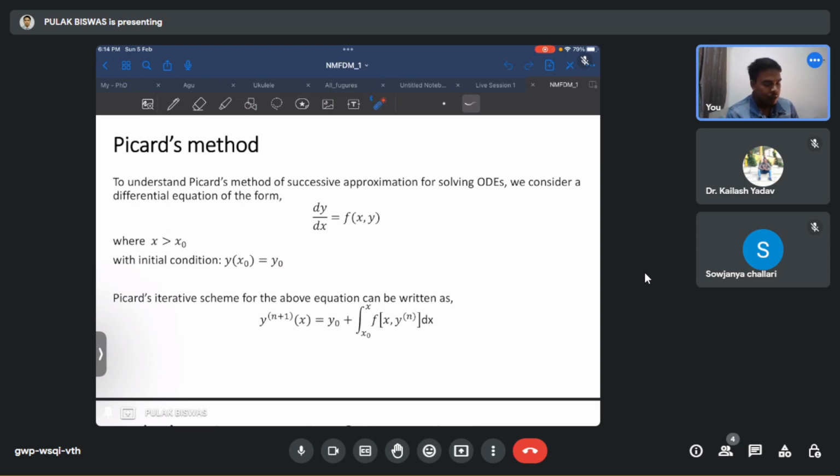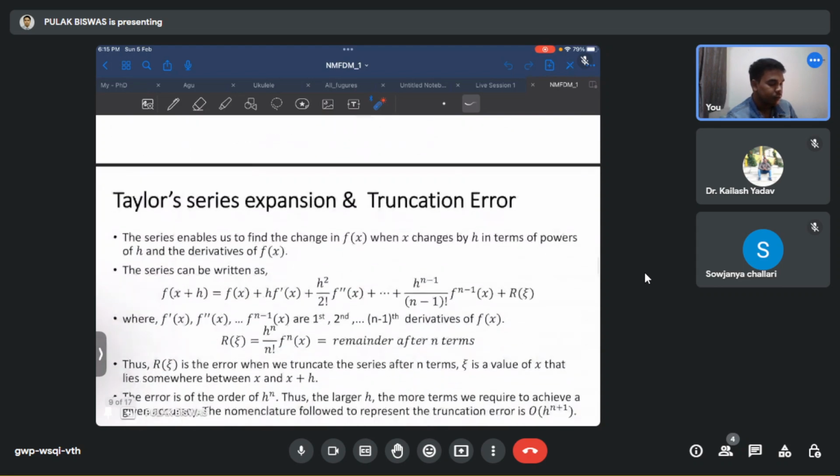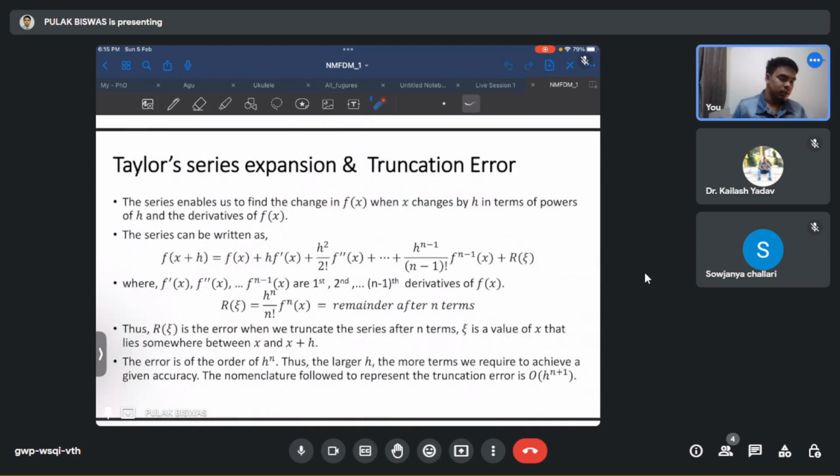And this comes the Picard iterative scheme, where each iteration's value is determined like this, starting from the initial condition value, and we modify these functions where we change the y variable's value from the previous iteration's value of the y variable. In this way, using Picard's method, you can solve the ODE.